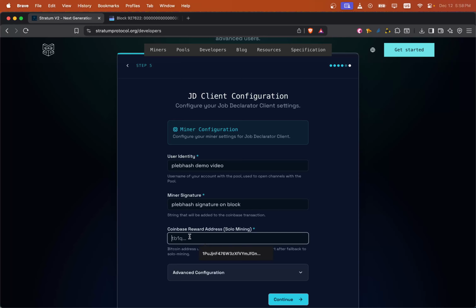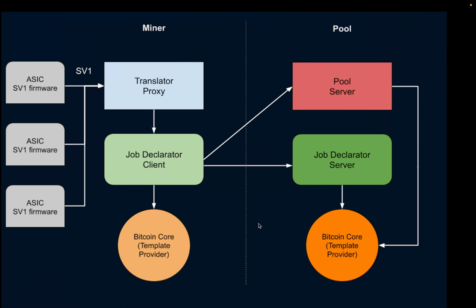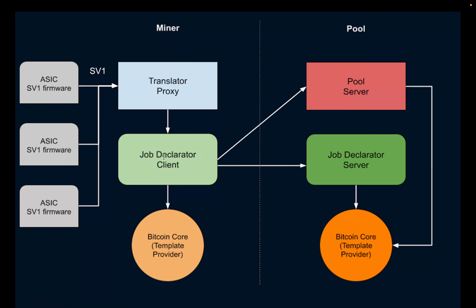We also set a reward address here that is used for solo mining, and that's because Job Declarator client has a feature called the fallback, and that happens whenever, let's say the miner has proposed a template that the pool doesn't like, and the pool for some reason rejects it.